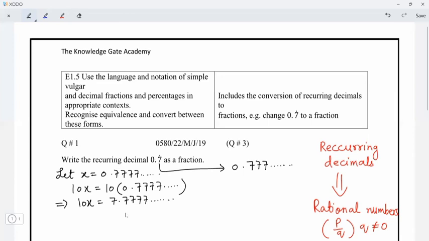After this, we have to subtract the first equation from the second, which was formed by multiplying by 10. So I subtract left hand side from left hand side and right hand side from right hand side. 10x minus x equals 7.777 dot dot dot, minus the right hand side of the first equation, 0.7777.